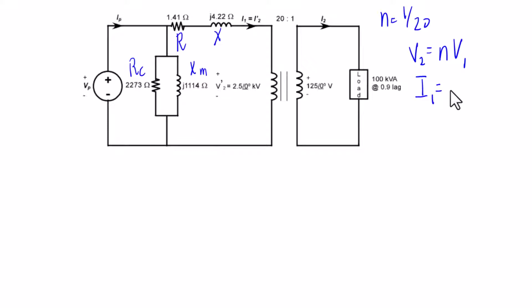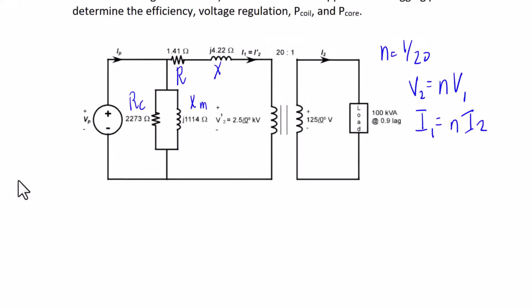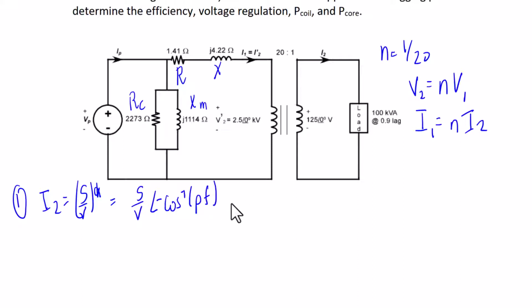and I1 is equal to I2. So for the first step, we are going to find I2. I2 is equal to S over V conjugate, which is the apparent power over the voltage with an angle that's negative the arc cosine of the power factor.